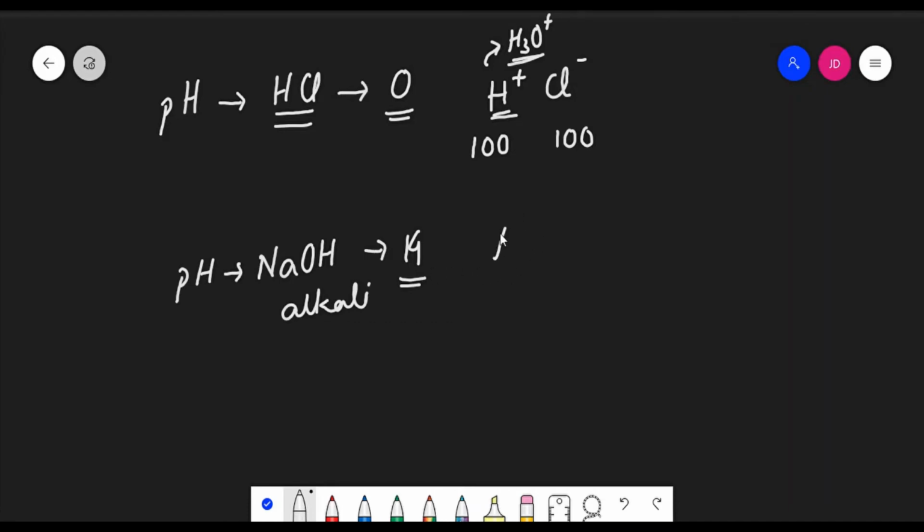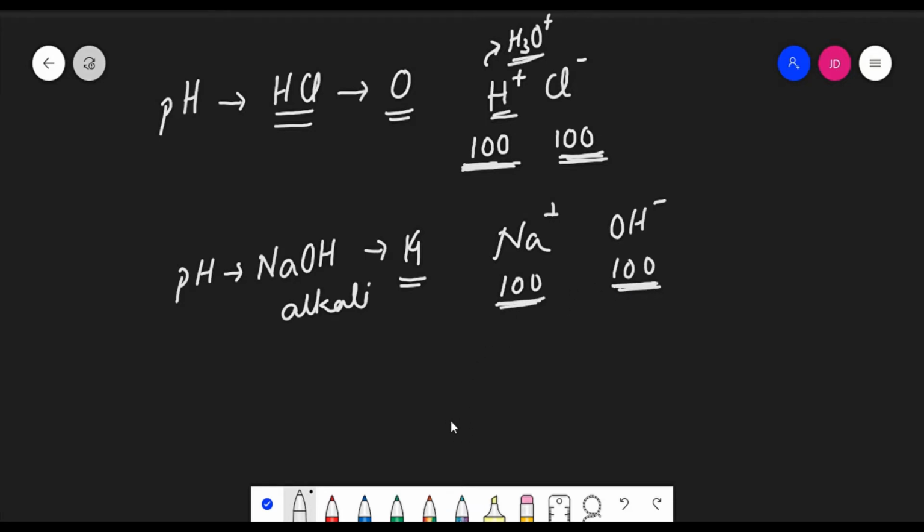Here our base, let us say NaOH, gave us Na plus. Let's say there's 100 NaOH, so it will give 100 OH minus. What we can see is a strong acid will break up completely to give full H plus and full Cl minus. A strong base will give us full Na plus and full OH minus.